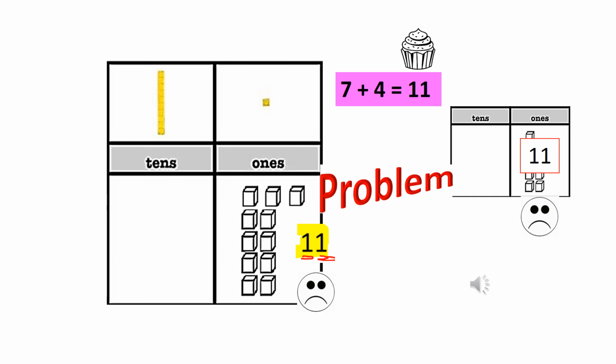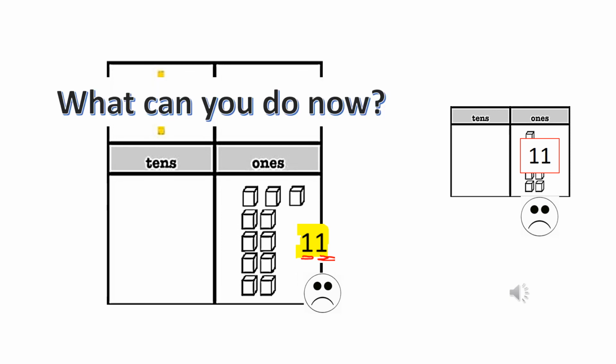And when I write the number 11, if I write it in the ones place, I have a problem because 11 has 2 digits, a 1 and a 1, and I can only write a 1-digit number in each place value. How can I fix my problem? So what can you do now to fix my problem? Too many ones in the ones place.